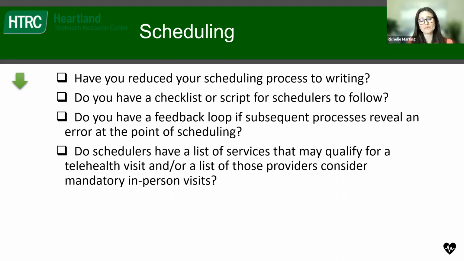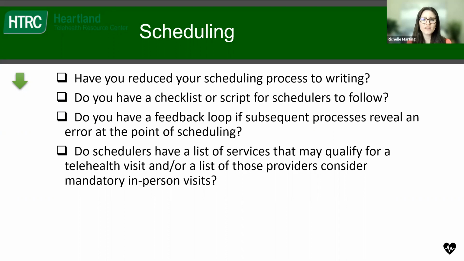That may be something as simple as a typo in putting the patient's member ID into the system, or could be something more significant, like not getting the insurance at all, or that the patient was actually out of network when they thought they were in network, or something along those lines. But that feedback loop at any point in the process is really important to help improve each step of the process.